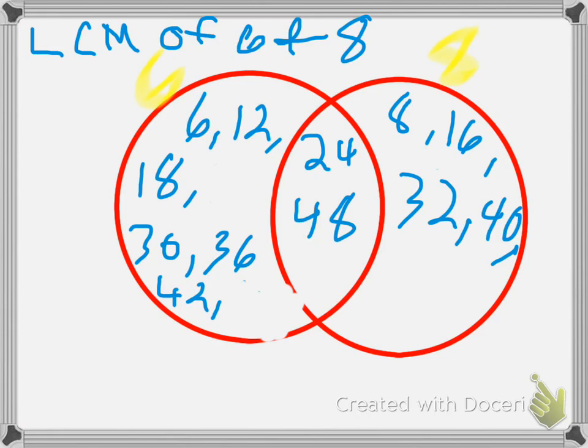So now, least common multiple, remember these are multiples that both 6 and 8 have in common. They would be in the center of my Venn diagram.